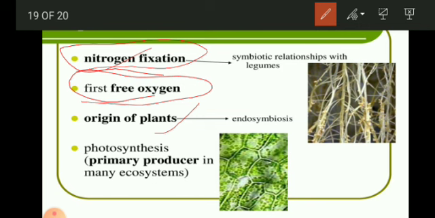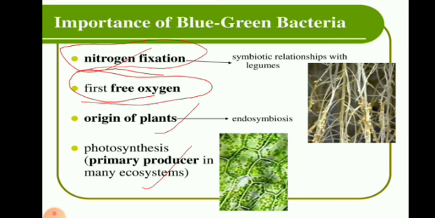Like this is endosymbiosis, like they have a symbiotic relationship with the plants. They do photosynthesis, so they are said to be primary producers in many ecosystems. So that is of great importance for the ecosystem.